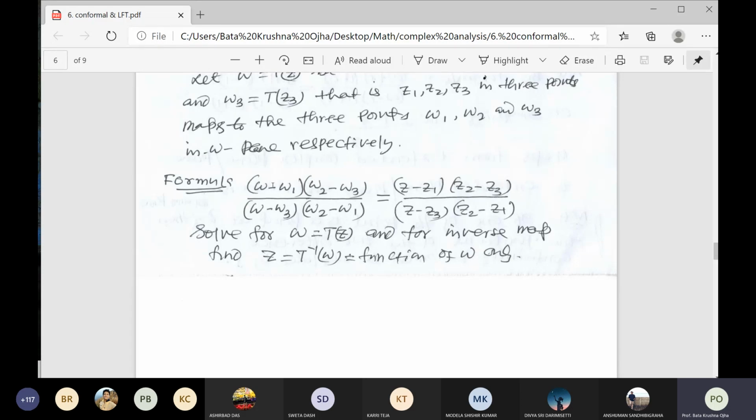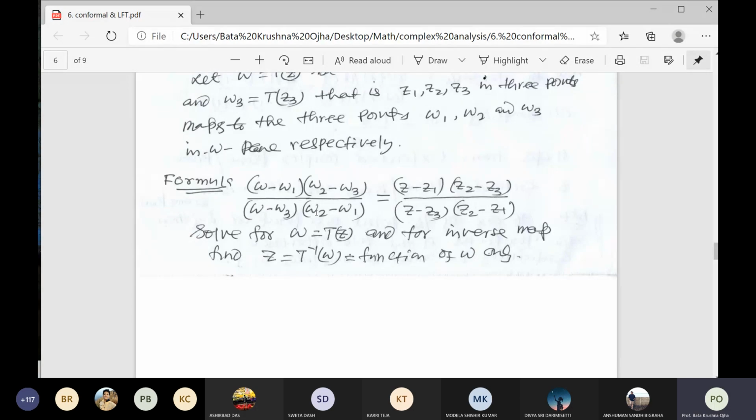So you are taking this ratio, W minus infinity by W2 minus infinity, as 1. As 1, right? So what will be the left side? W2 minus W3 by W minus W3. It is completely 1. Do you understand, dear students?